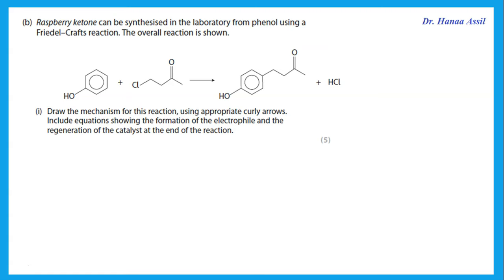Raspberry ketone can be synthesized in the laboratory from phenol using a Friedel-Crafts reaction. The overall reaction is shown. Now, the first question is, draw the mechanism for this reaction using appropriate curly arrows. Include equations showing the formation of the electrophile and regeneration of the catalyst.